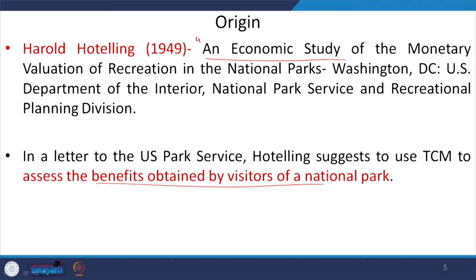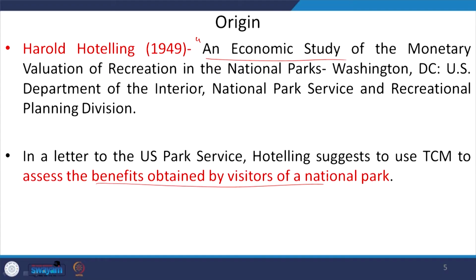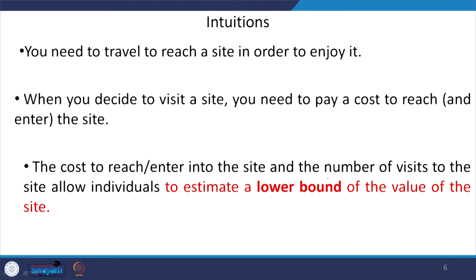In a letter to the US Park Service, Hotelling suggested that we can use a model known as the travel cost model to analyze the benefits visitors get from a national park. It is a kind of public policy he talked about in order to have a value for the national park service.